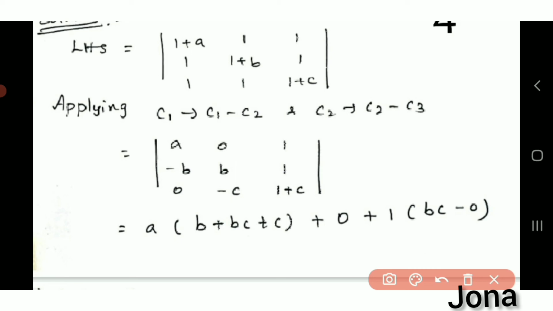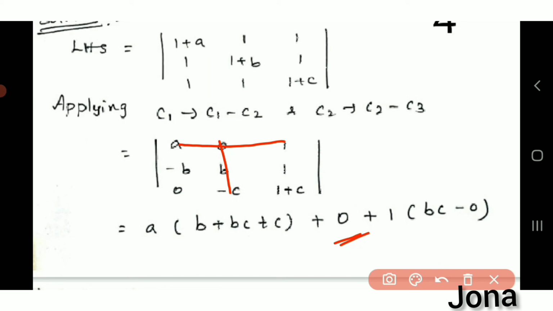And then we want to find the determinant value. Here the determinant value is a into, cross multiply these two, b into 1 plus c. So that is nothing but b plus bc minus of c into 1, that is minus of minus is plus, so plus c. And then 0 into, we have to omit these two, everything will be 0 only. So leave this.